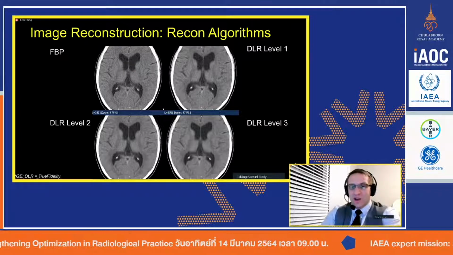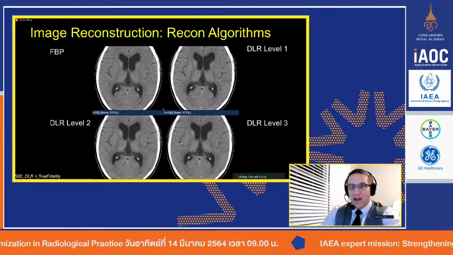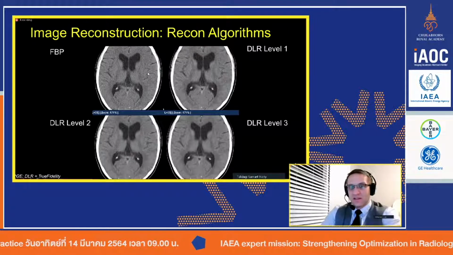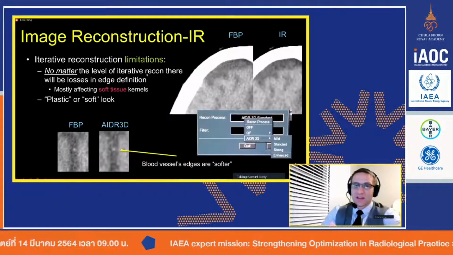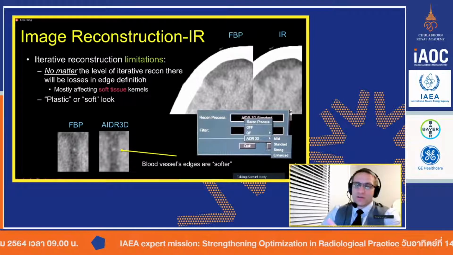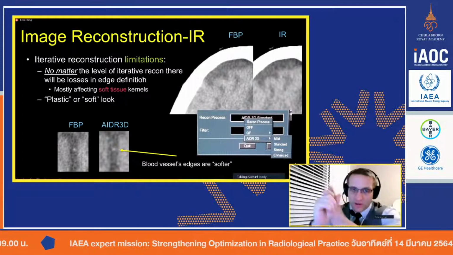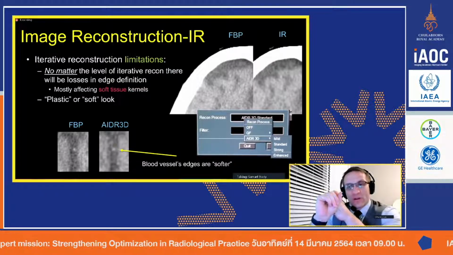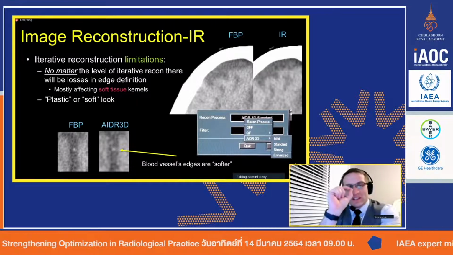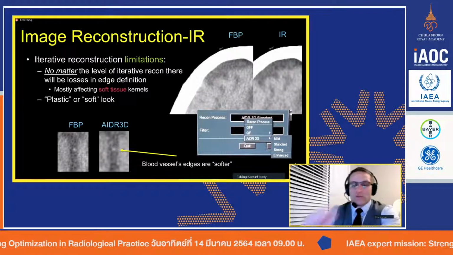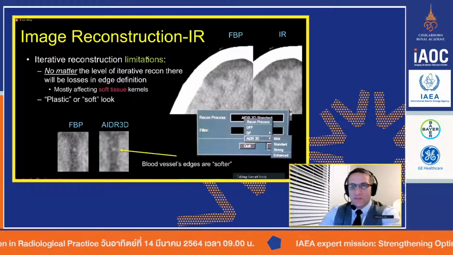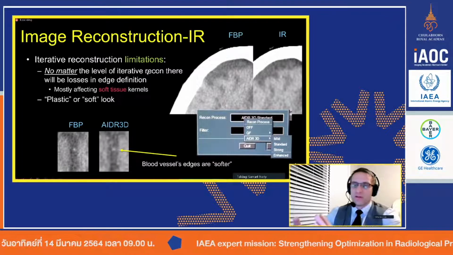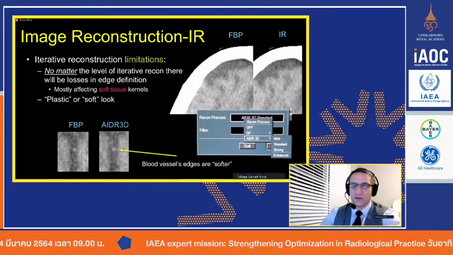And they're trying to sharpen the edges, but I would argue that the edges aren't as sharp as these. And that is because when we do deep learning or iterative reconstruction, the way those algorithms work, there's always just a little bit of the edge that is blurred, no matter what they do. They're getting a lot better. The deep learning ones are way better than the original iterative reconstruction ones.